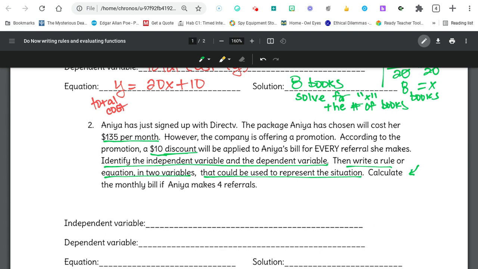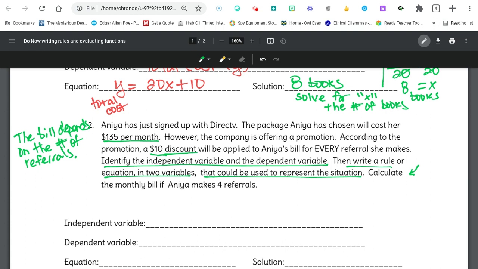So your dependent statement should be: the bill depends on the number of referrals. I try to refer everybody. I need my bill to be 0.